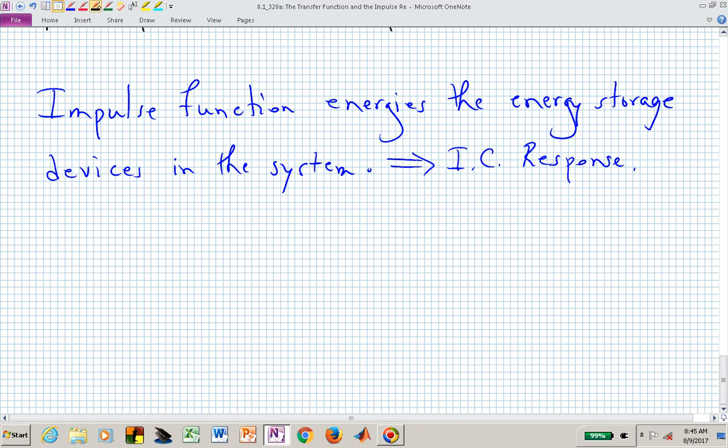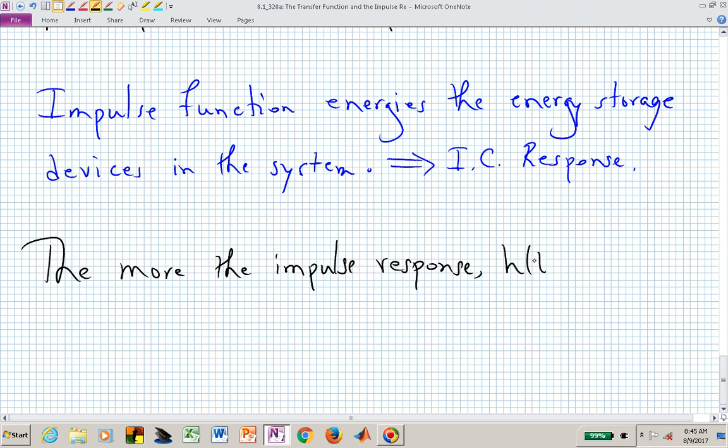One more comment I want to make. The impulse response, that's the output of the system due to an impulse function.